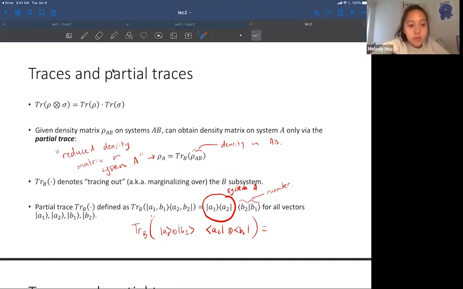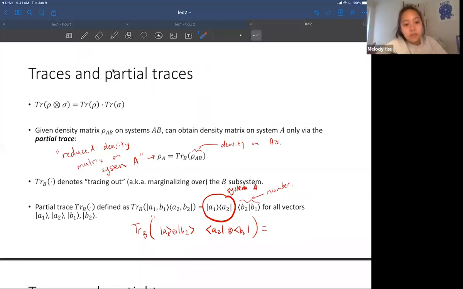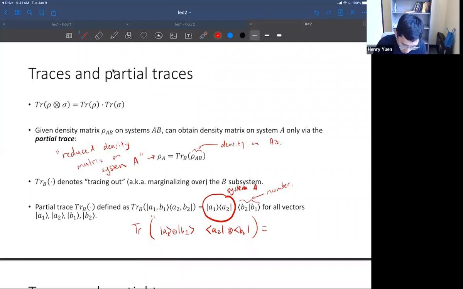So here, all of these examples, we're tracing out the system B from system AB. If here we put A instead of B, like we were tracing out A, then we would convert the A part into a number and leave the B part as a matrix. I see. Okay. Got it. Thank you. Actually, maybe I'll just write it here.